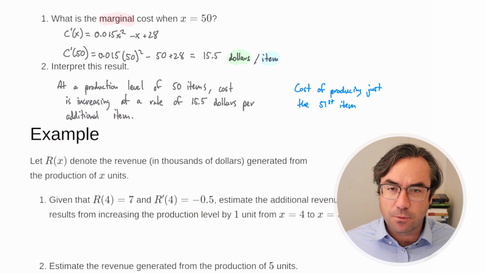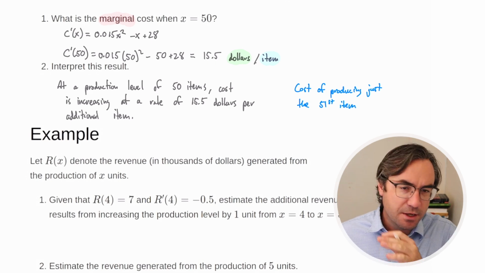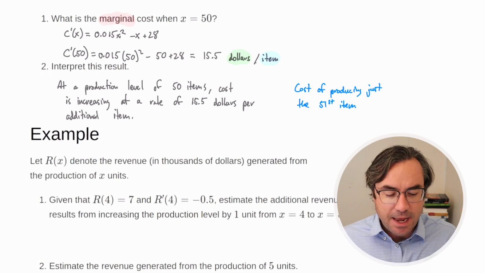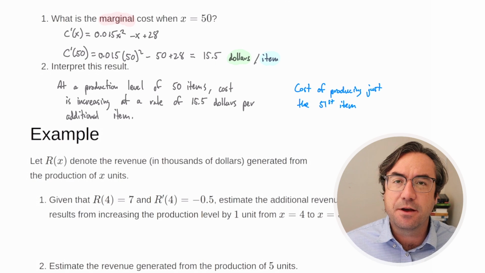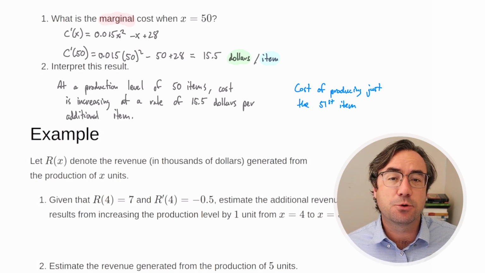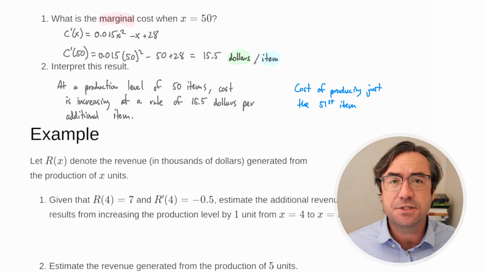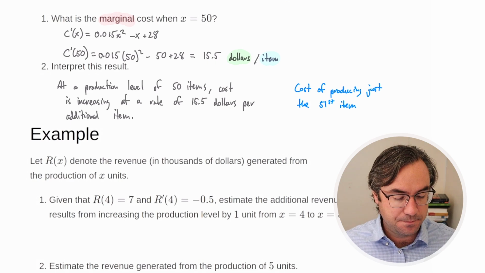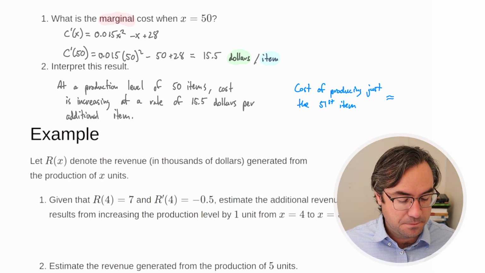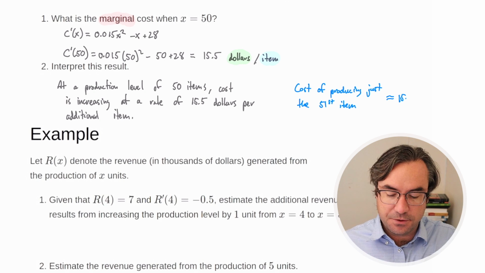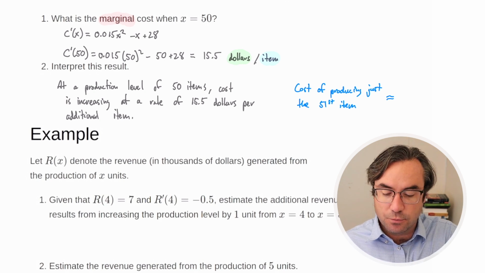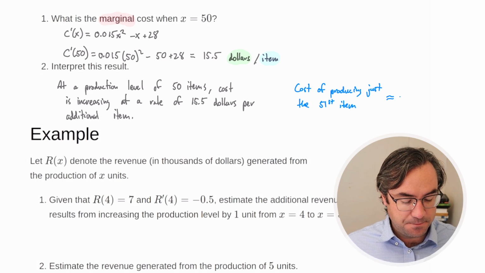So assuming we've already produced items 1 through 50, so all those are manufactured, and we want to make one more. We want to make a 51st one. The cost of producing just that one additional item is going to be $15.5. Roughly. This is giving us an estimation. Good estimation, but an estimation.